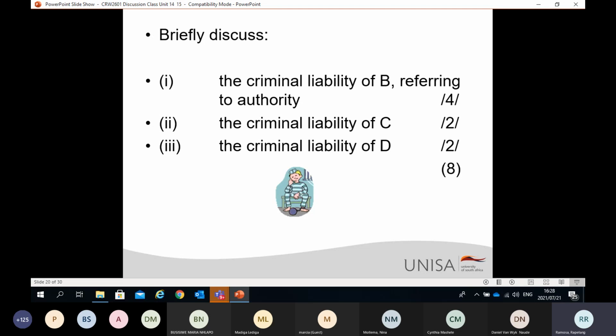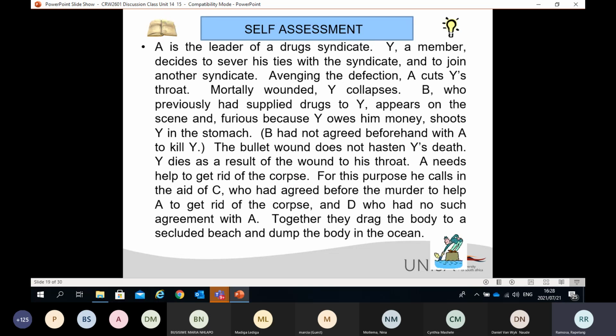The next question, for 2 marks: discuss the criminal liability of C. You go back to the circumstances, ask yourself, all right, where does C come in here? Well, C comes in here having been called by A to aid A to get rid of the corpse.